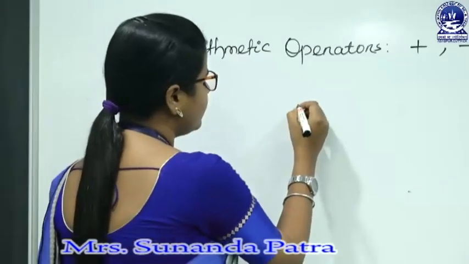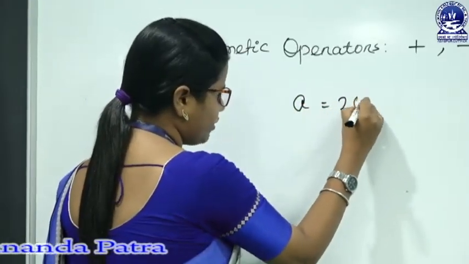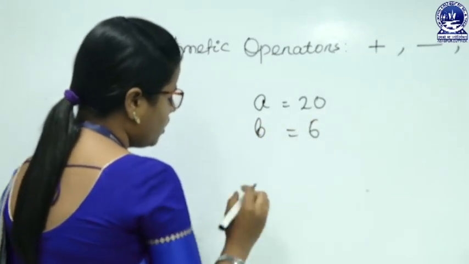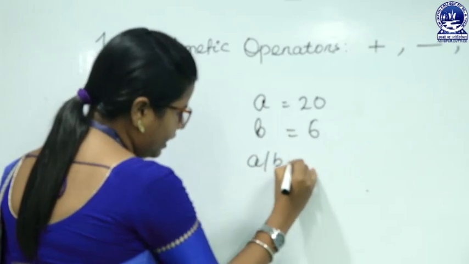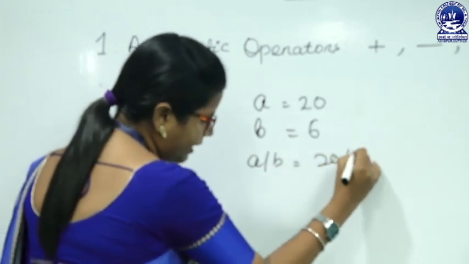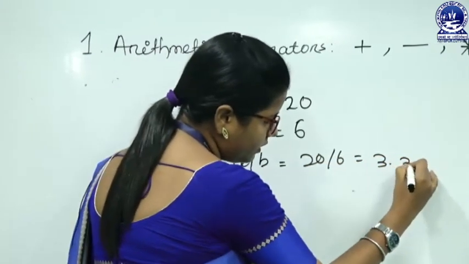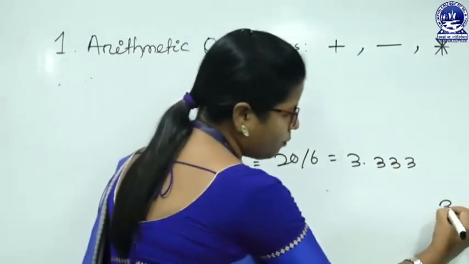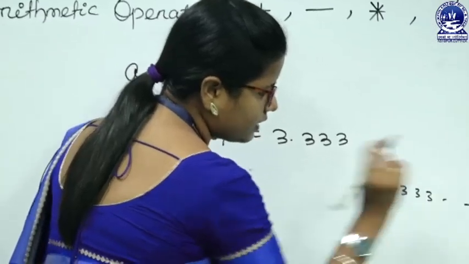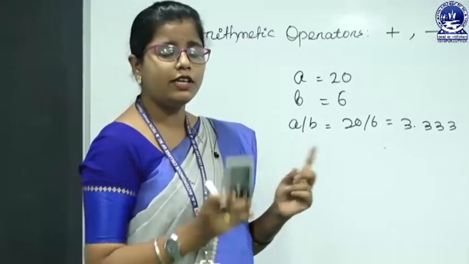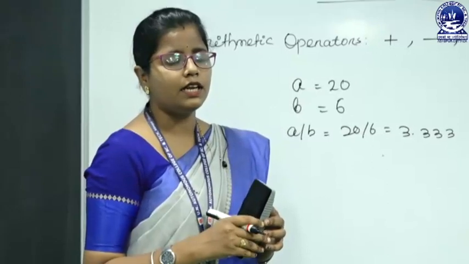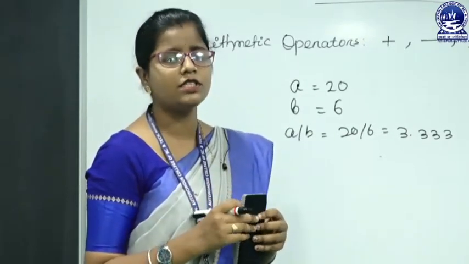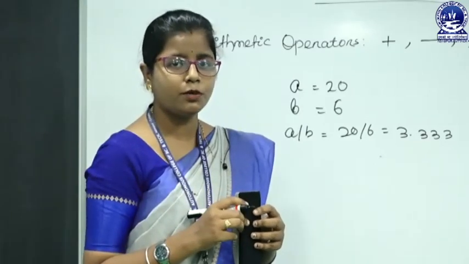Let us take another example like A equals to 20 and B equals to 6. So, A divided by B, that will be 20 divided by 6, that is 3.333. Here the accurate result is 3.3333 like this. But when we discuss the types of literals, we have some problems while doing arithmetic expressions, and one of the problems is loss of precision.